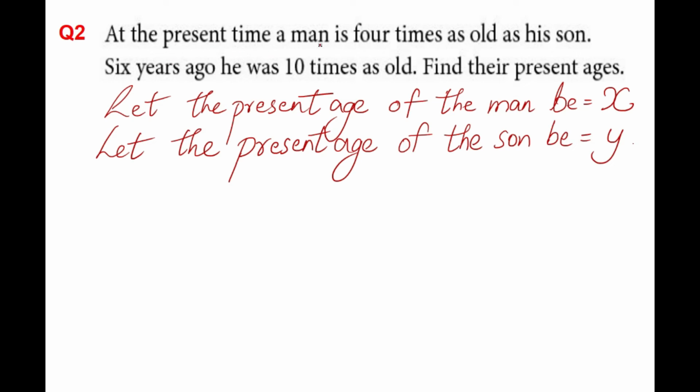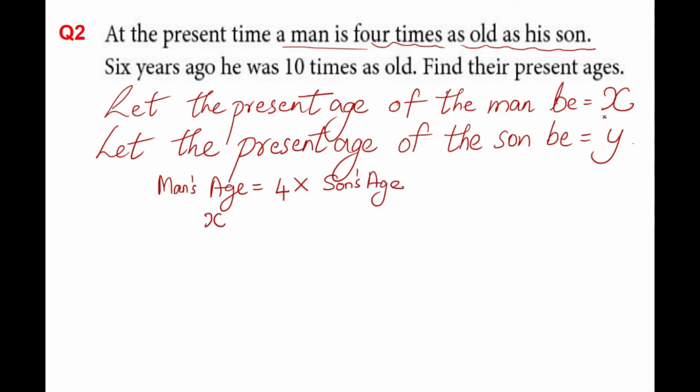Now, at present, a man is 4 times as old as his son. So the man's age is 4 times his son's age. x, because we have taken the present age to be x for the man, x is equal to 4 times y, y being the son's age. So you have x equals 4y as your equation 1.